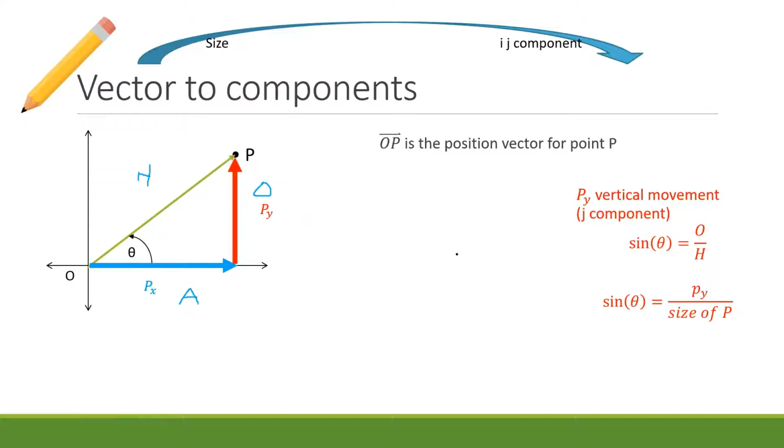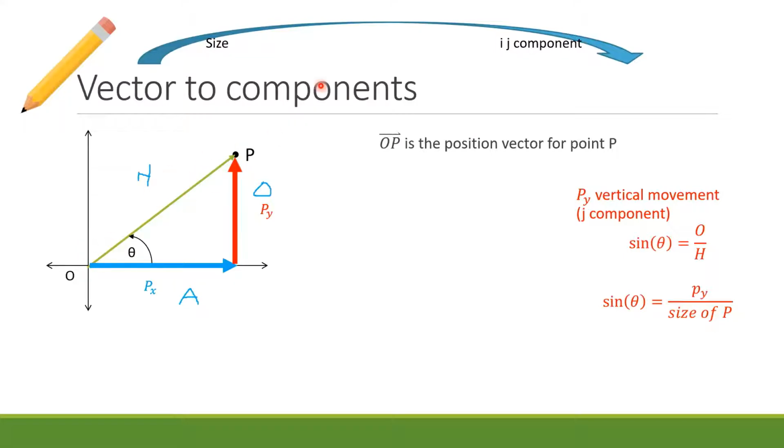Okay, so we know that it's opposite over hypotenuse. In this case, our opposite side happens to be P of Y, which is pretty good. And we now know that our hypotenuse, which is this green line, is the size of P. It's how long this line here is.